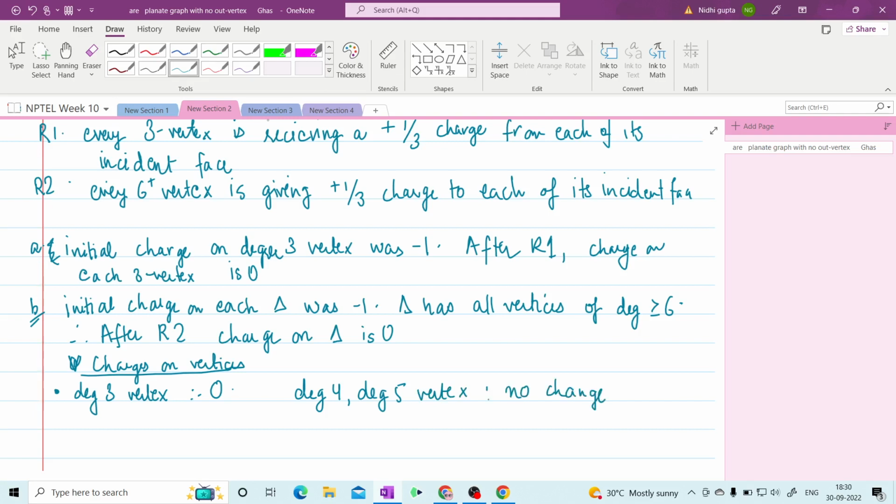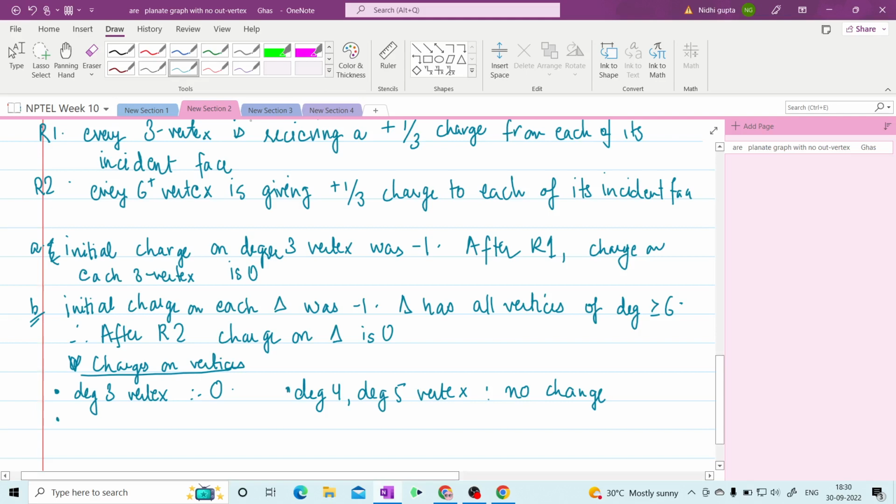Why? Because in the first step, every 3 vertex is receiving a charge, and in the second discharging step, the changes are happening to 6 plus vertex. So degree 4 and degree 5 vertex have no change after R1 and R2.